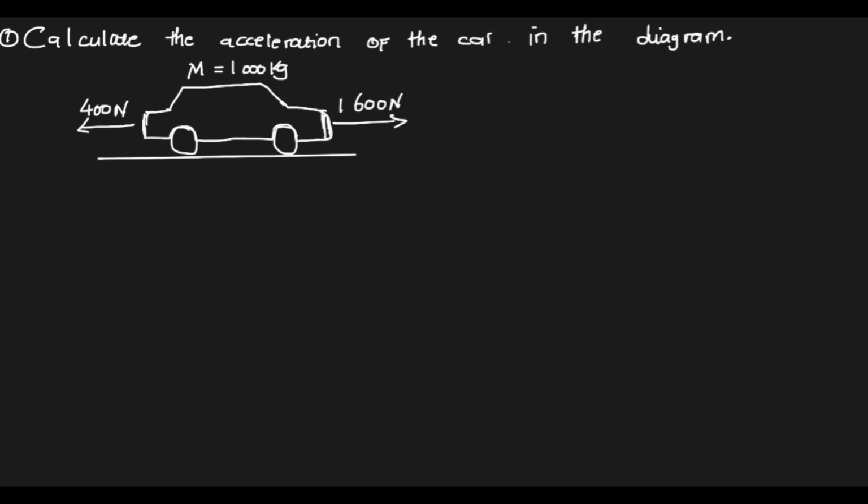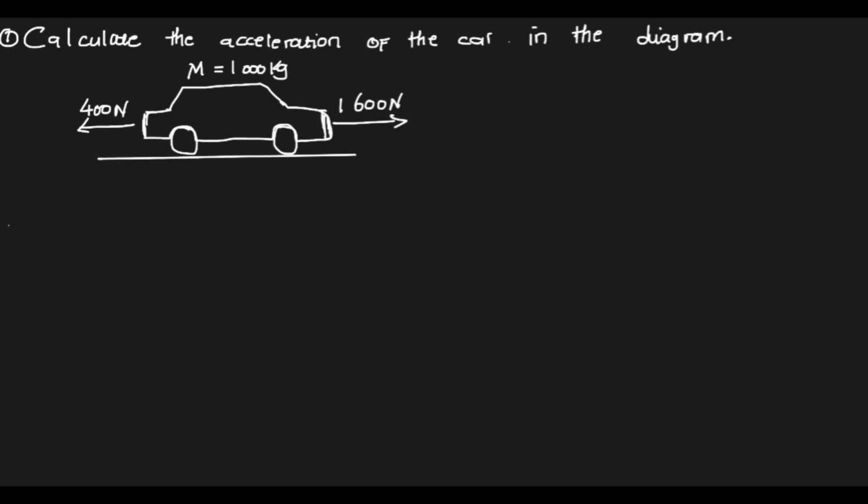So we can see that this greater force with the value of 1600, this force was the one produced by the engine. Then this force with the value of 400 newtons, this should be the friction force, and the mass is 1000 kg.